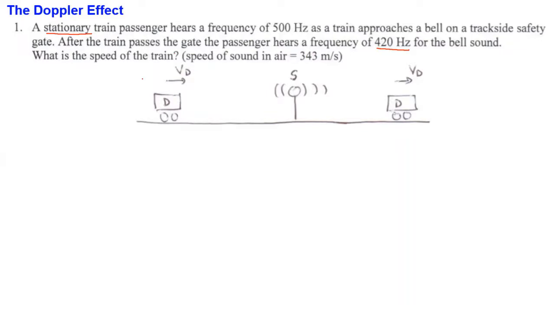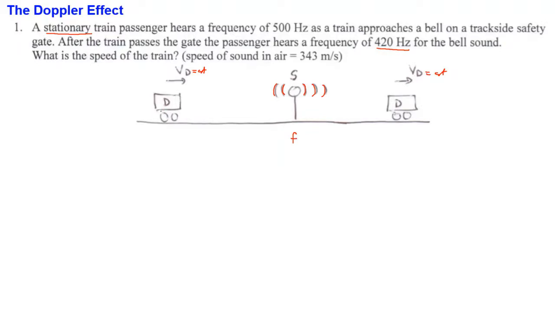Overall, the passenger is sitting inside the train, which is moving at constant speed, Vd. Vd is constant here. On the ground, you have a bell, and this bell is emitting a sound wave. Of course, the frequency of that sound is F. This is the real frequency, the true frequency of the sound wave.